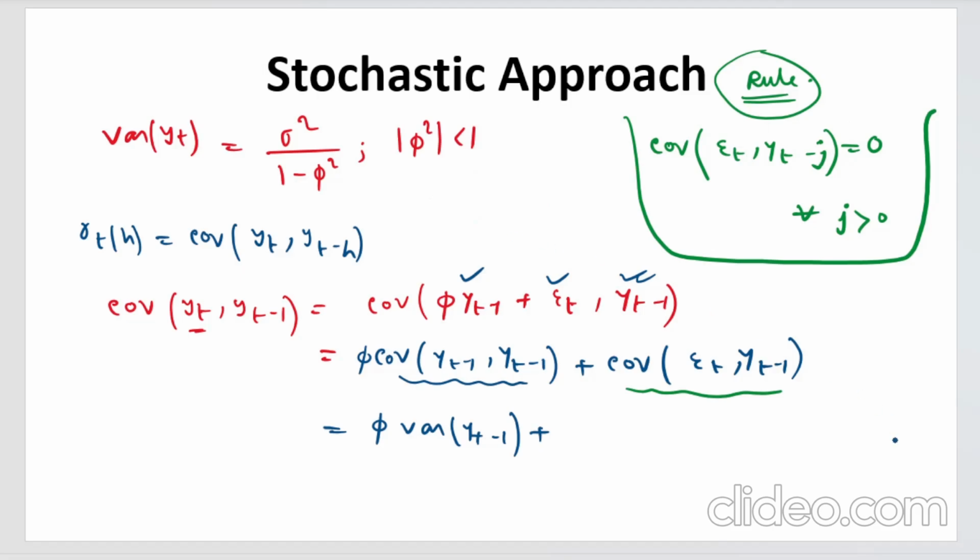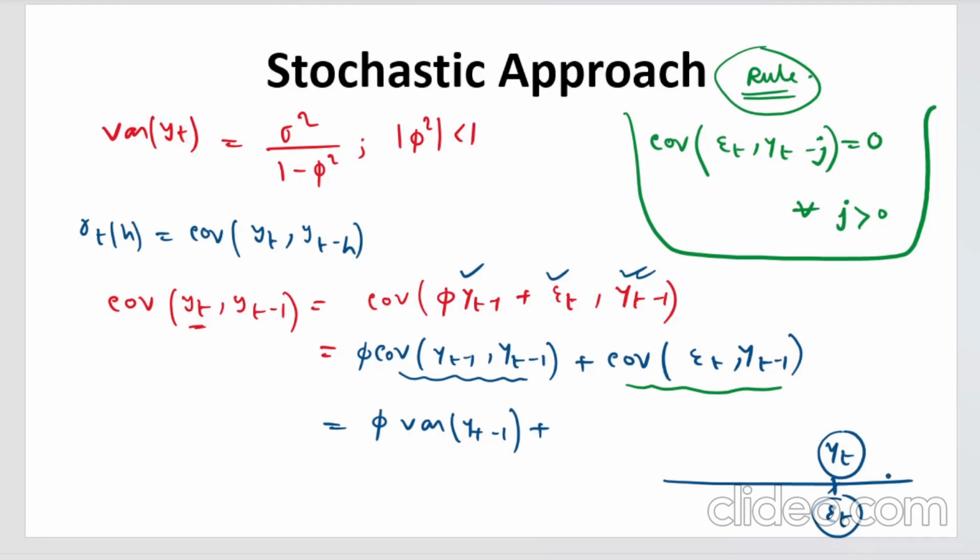So graphically, here you have epsilon t, right? This epsilon t arises from the distribution of yt, so yt has a correlation with this, right? Epsilon t is correlated with the distribution of yt, but for the previous terms yt minus 1, yt minus 2, yt minus 3 and so on, these terms have nothing to do with epsilon t, right? They have their own epsilons, epsilon t minus 1, epsilon t minus 2, epsilon t minus 3 and so on.